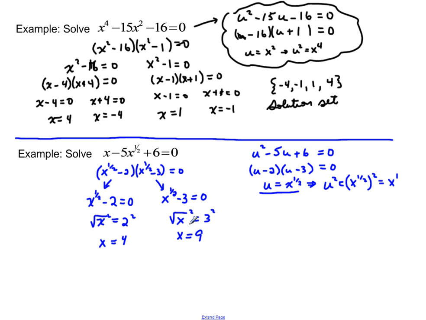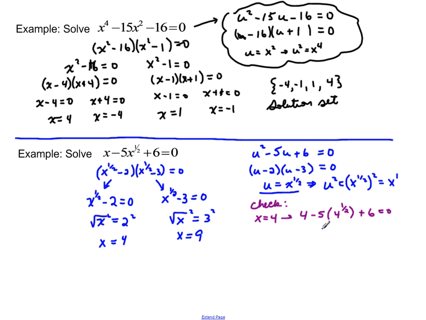Well, we really should check each of these answers, even though it is a quadratic form. Because it involves x to the 1/2, we need to do that. So our check in this case will reveal that if x is equal to 4, then 4 minus 5 times 4 to the 1/2 power plus 6 should equal 0 if we are correct.